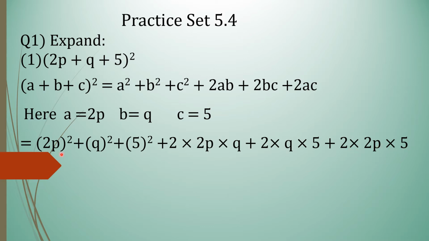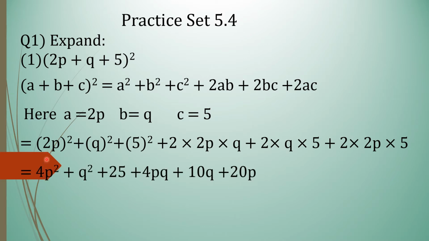So now we'll solve this. So (2p) the whole square will become 4. 2 2s are 4. So square of 2 is 4. So 4p square plus q the whole square will become q square plus 5 the whole square will become 25 plus now you'll multiply 2 into 2p into q. So 2 into 2, 4.